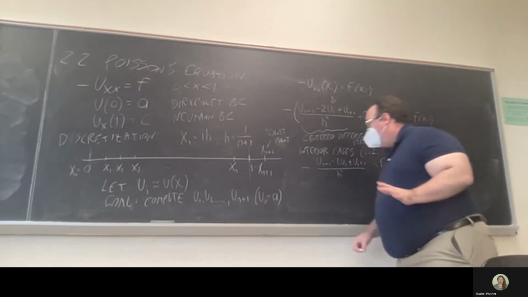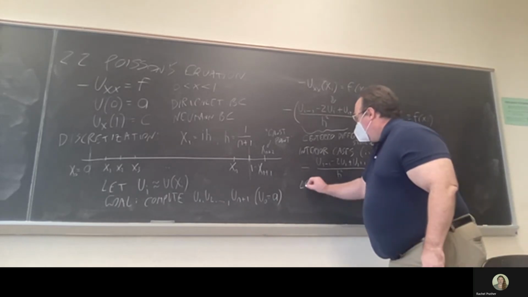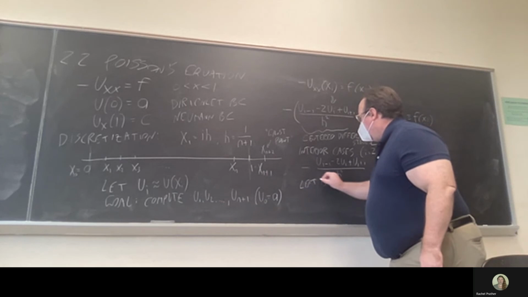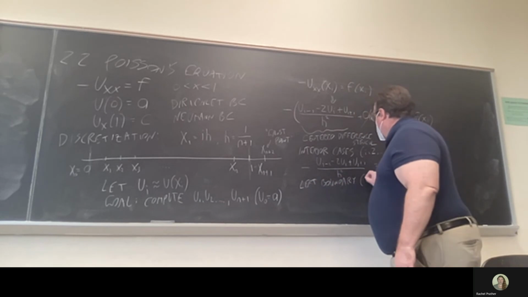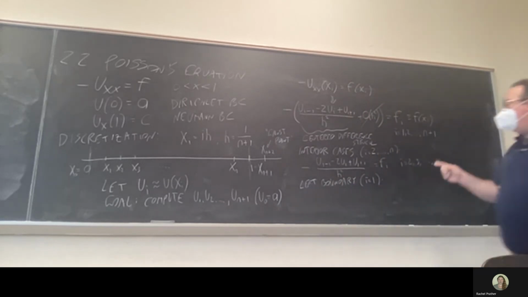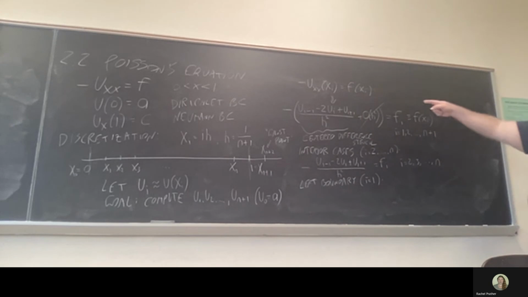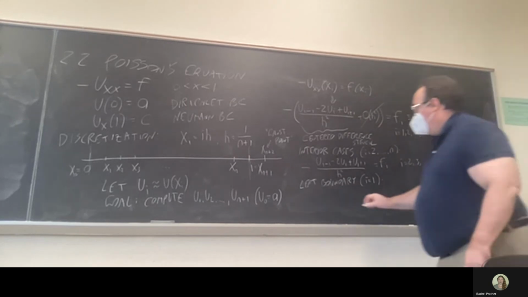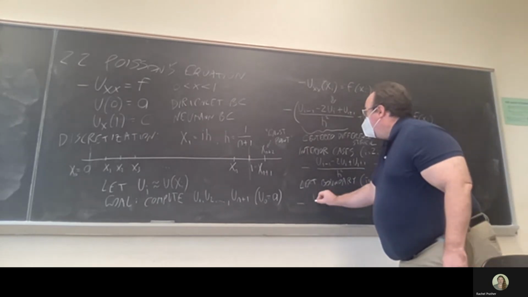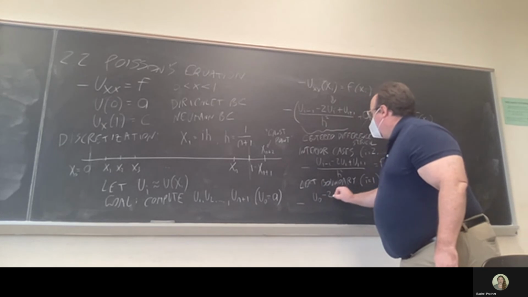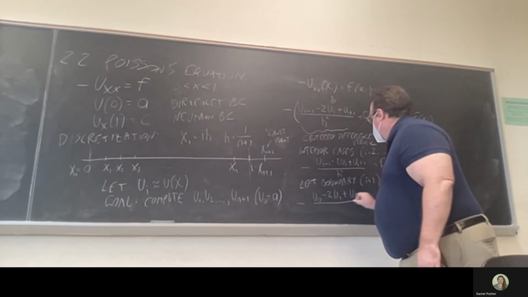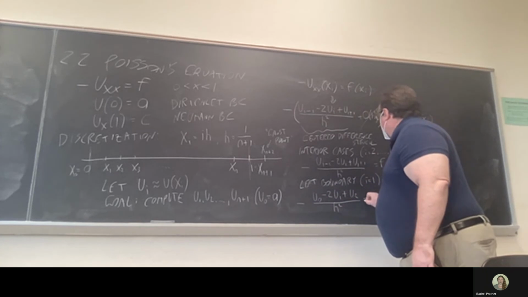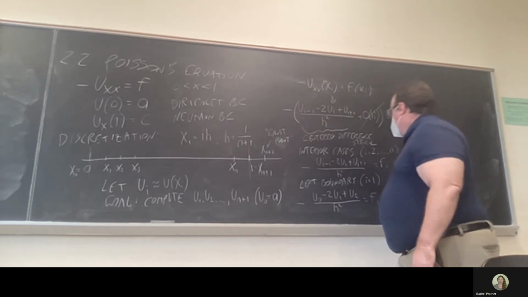The next case is not too big a deal. The left boundary. That's for i equals 1. So if I fill in i equals 1 in here, I'll have minus, then u_0 minus 2u_1 plus u_2 all over h squared is equal to f_1.